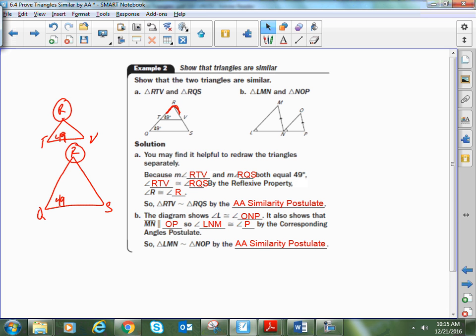So we do have, let me go ahead and put that on here, that angle right there and that angle right there. We are able to justify that we have two angles congruent to each other in the figures, so the triangles must be similar.